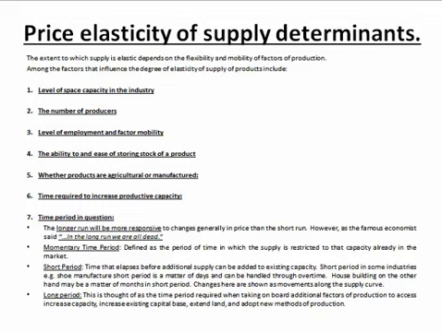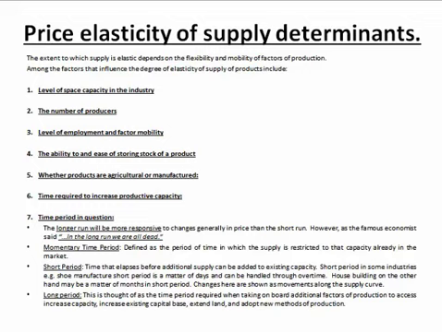Momentary time period is defined as the period of time in which supply is restricted to that capacity already in the market. The short period is that time which elapses before additional supply can be added to existing capacity. The short period in some industries, such as shoe manufacture, is a matter of days and can be handled through overtime. House building, on the other hand, can be a matter of months in terms of short period.